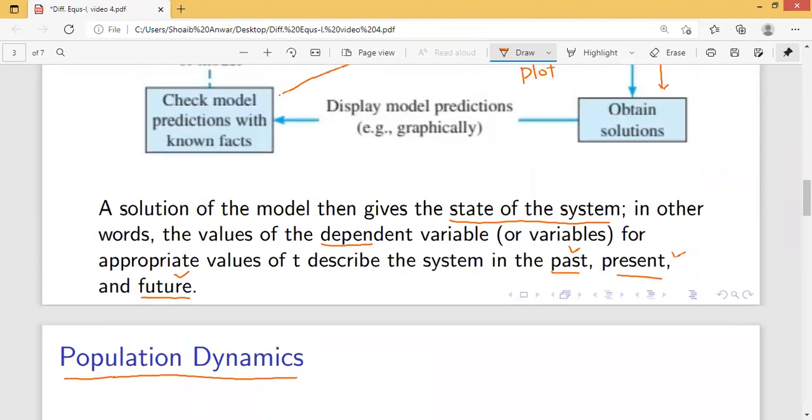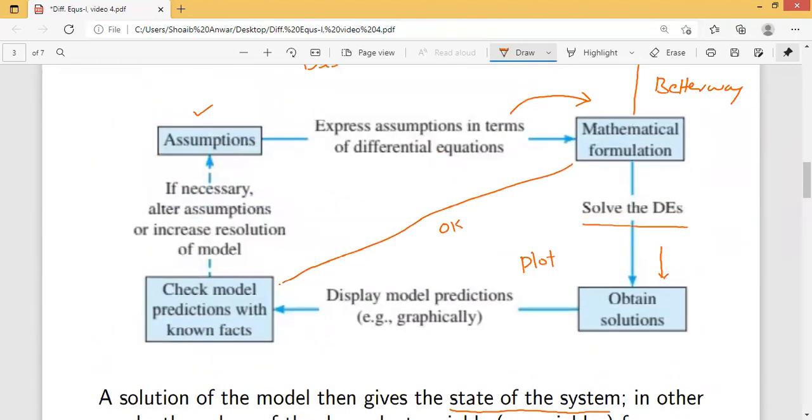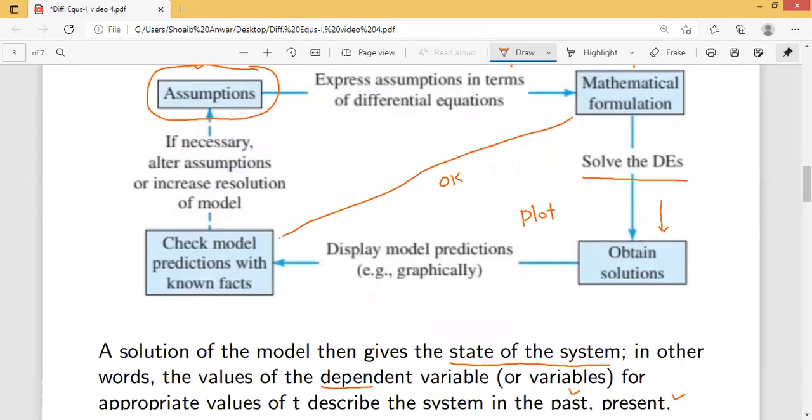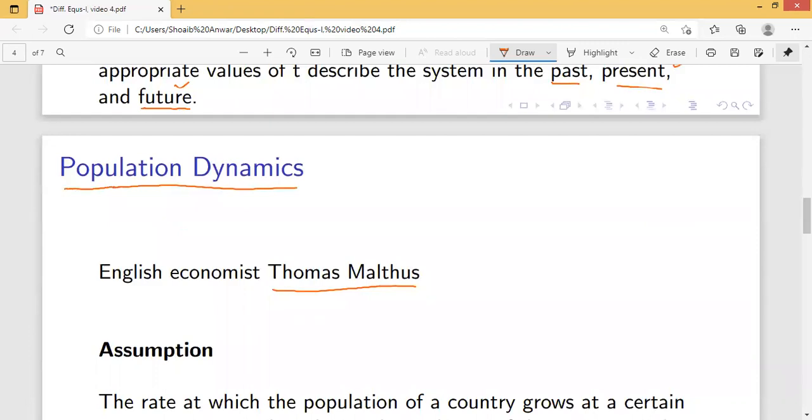What was our first step in the mathematical modeling of a physical situation? First, we deduce our differential equation or mathematical model under some assumptions. That is, first of all, we have to assume what the assumptions are while we are dealing with population dynamics. So the English economist Thomas Malthus deduced his mathematical model under the assumption.